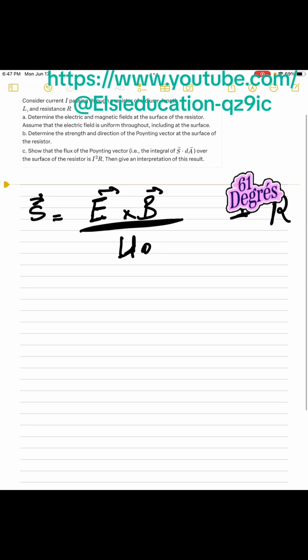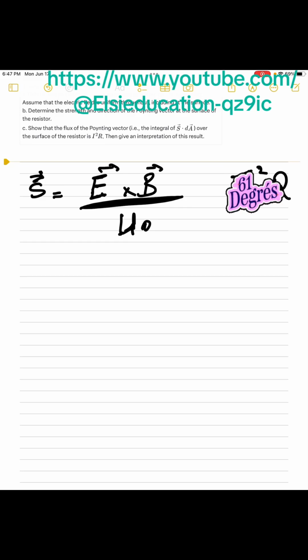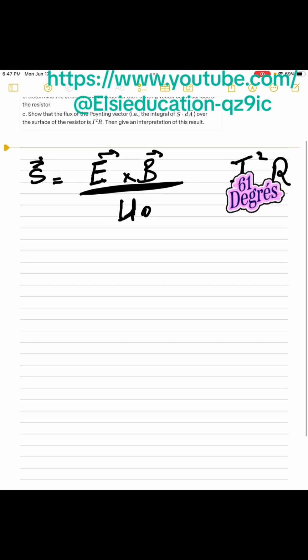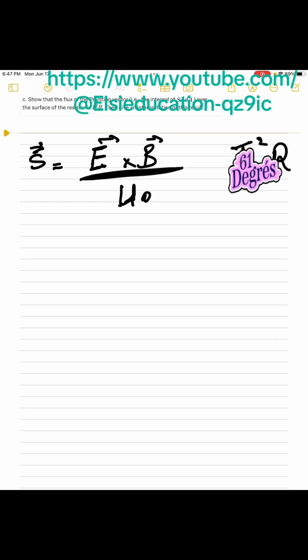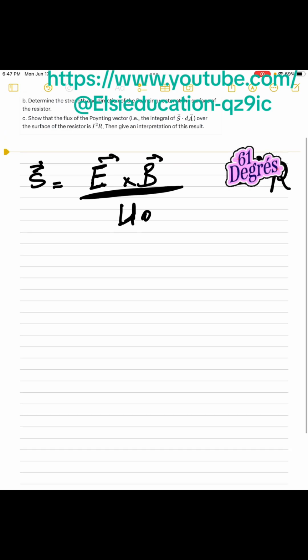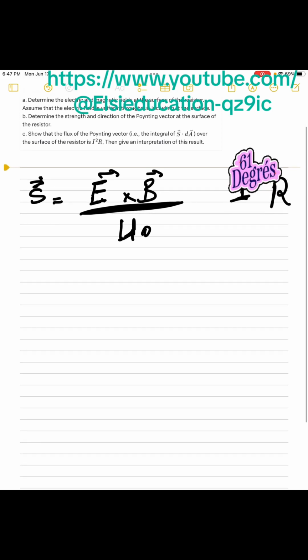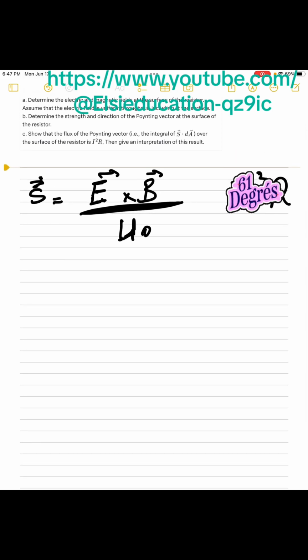So they say to use the integral of the Poynting vector over the area. Okay, so do some research to understand at least the basics of how this works, and you can come up with some understanding of how things work.